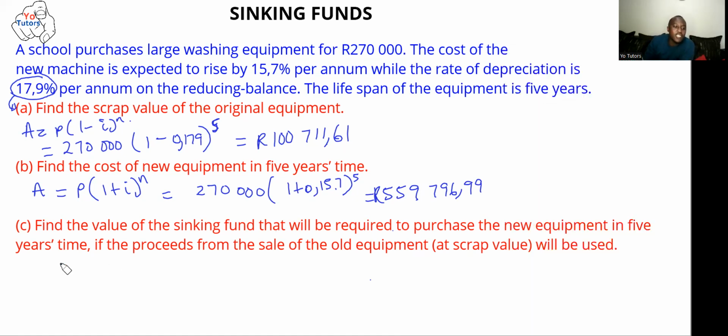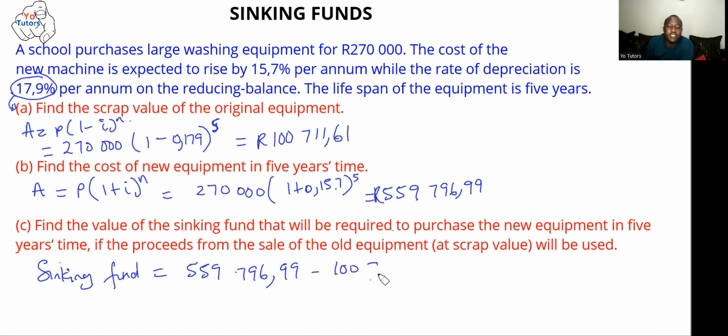Okay, now the next question is saying find the value of the sinking fund that will be required to purchase the new equipment in 5 years time if the proceeds from the sale of the old machine or scrap value will be used. So what do you use here? Sinking fund, we know that it's going to be new price, which is 559,796 minus 100,711.61.